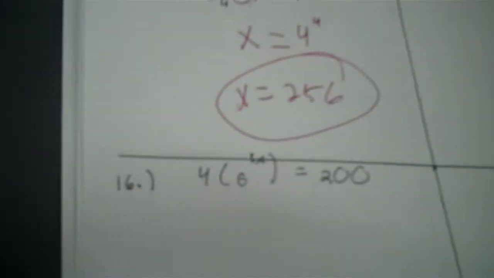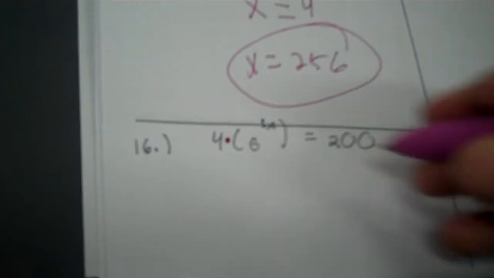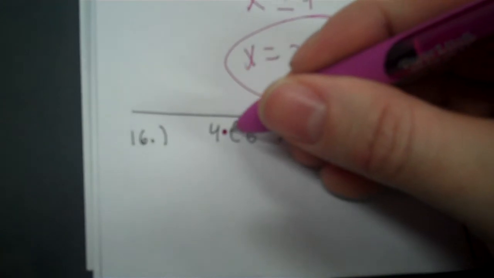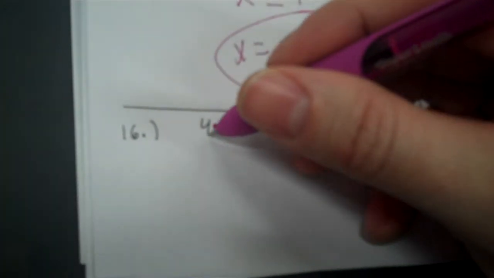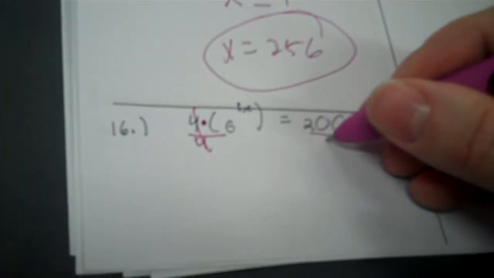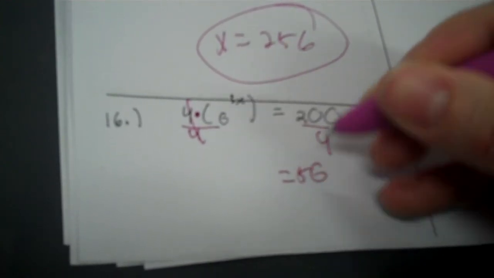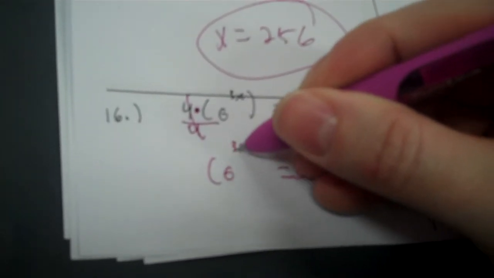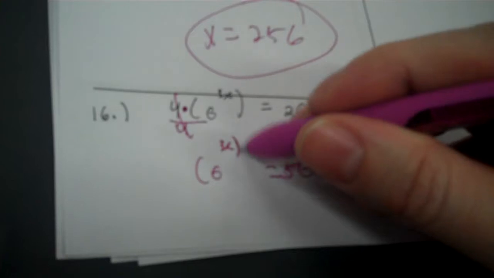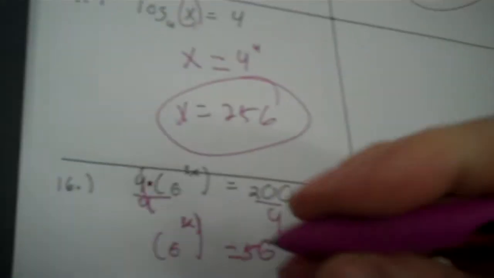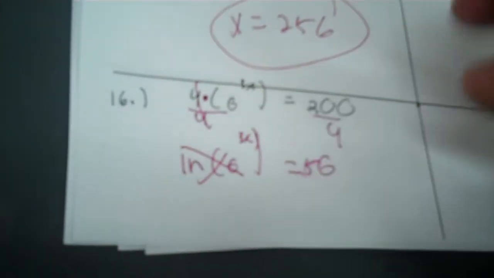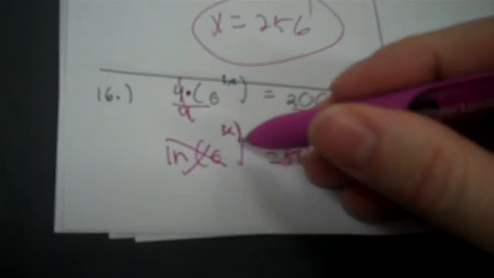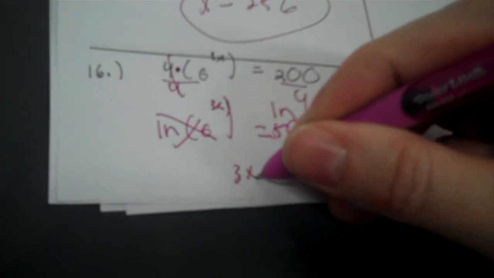Now remember when you see e, I wrote you a hint, but before you go to that hint, you need to get rid of this 4. But not minus it, you divide. When it's connected to the front with no sign, it means times, so I divide. And that's 50. Didn't do a great job here giving you workspace, sorry. Now go to your ln. So ln 50. Now you have just 3x.